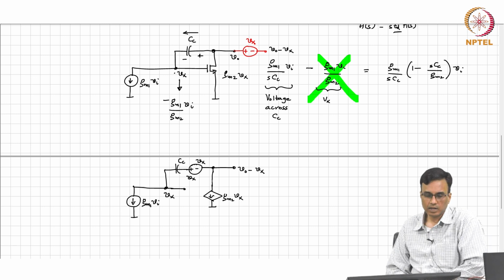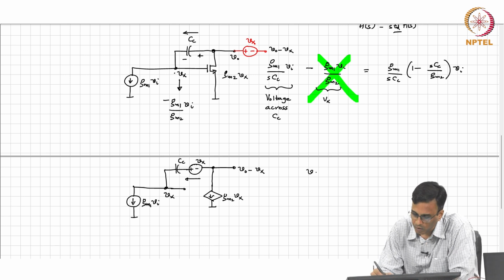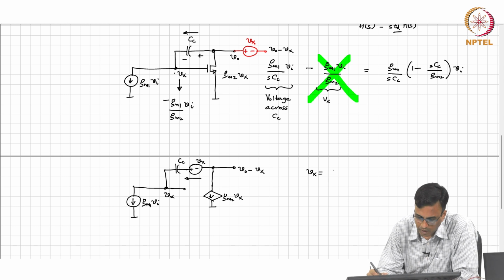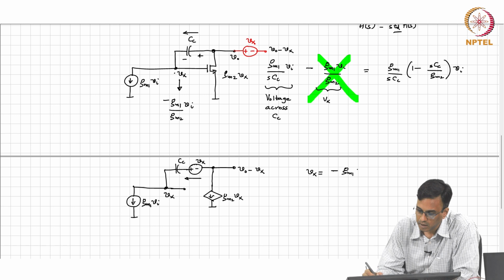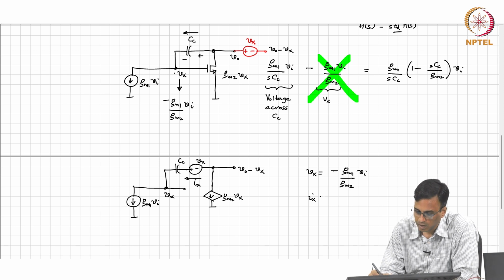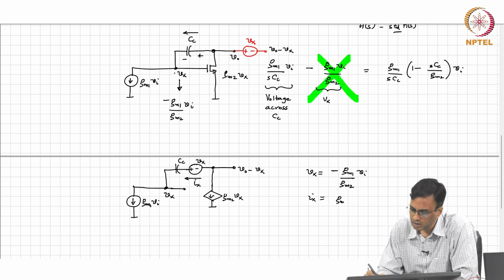Okay. Now let's concentrate on this voltage source. What is the current flowing through this voltage source? What is Vx, by the way? So Vx is nothing but minus GM1 over GM2 times Vi. And the current flowing in that direction is GM1 Vi.